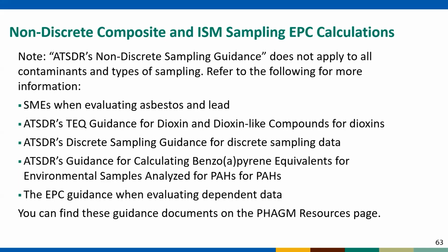One thing to look out for when you're doing your exploratory data analysis is to be aware of dependent data. If you have samples that are not very separated in terms of time, so samples are collected every minute or even every hour or even every day, those individual samples are going to be related to one another. They're not going to be independent.